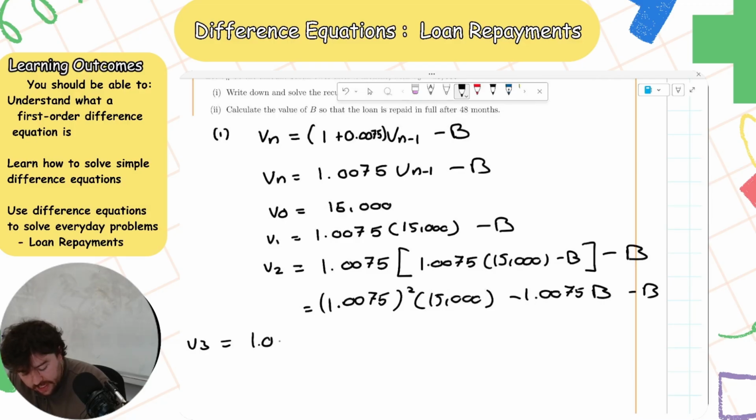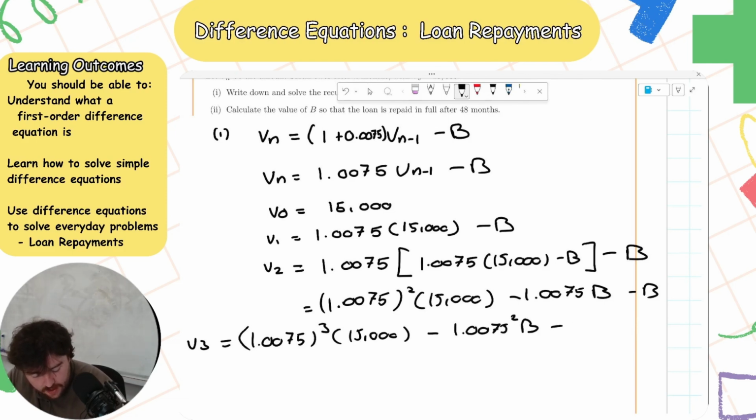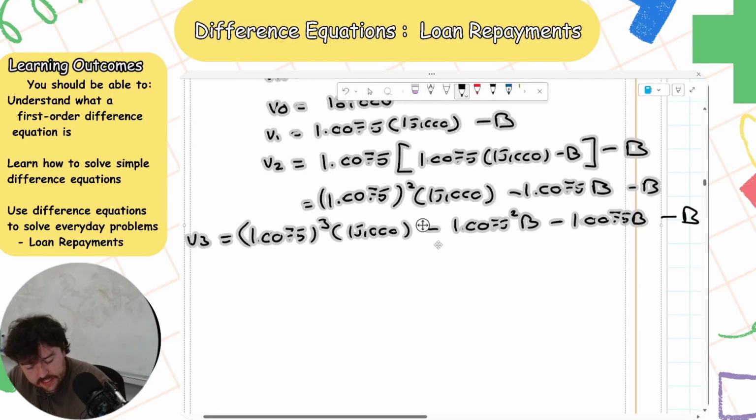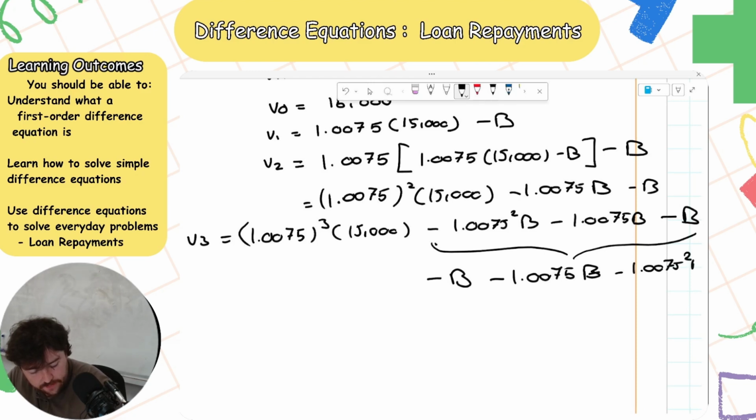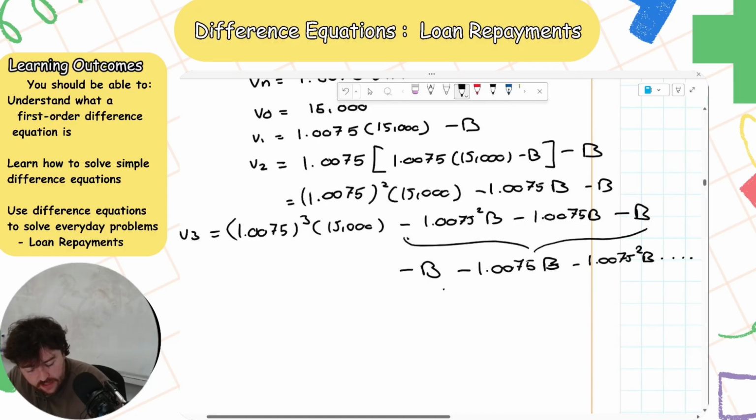So it's going to be 1.0075 cubed times 15,000 minus 1.0075 squared B minus 1.0075B, and then finally I subtract my repayment B. I notice this is a geometric series: minus B minus 1.0075B minus 1.0075 squared B. This goes on forever and ever, so it's a geometric series.